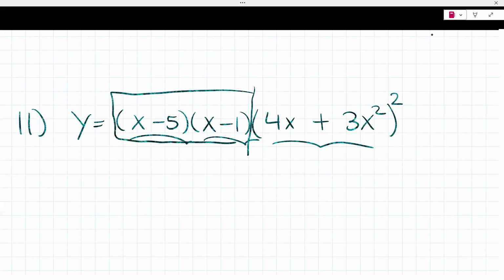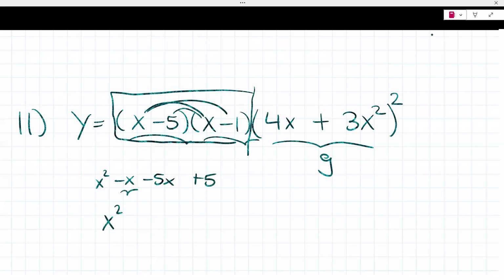So what I would do is break it into two parts, split this in half, FOIL this out, collect like terms, then that would be your F, and then your G would be this, right? So go ahead and FOIL this out. So this is going to be x squared, negative x, negative 5x, plus 5. And then you get x squared, negative 1x and negative 5x is negative 6x, plus 5.